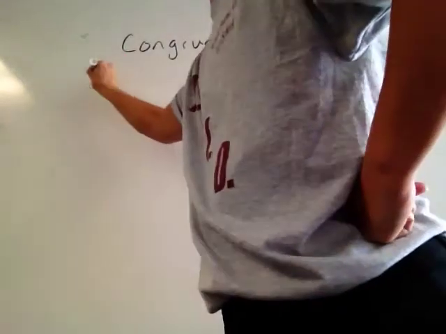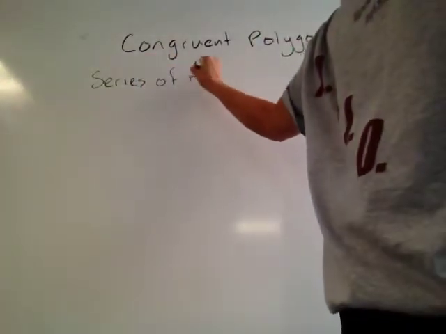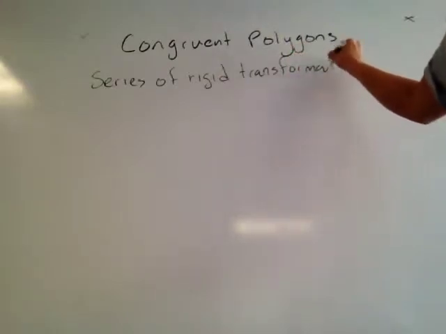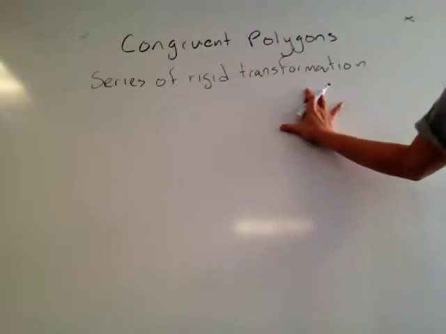So if we have a series of rigid transformations, so just any set of rigid transformations, where we could send one shape to the other using those transformations, then the two polygons are congruent.